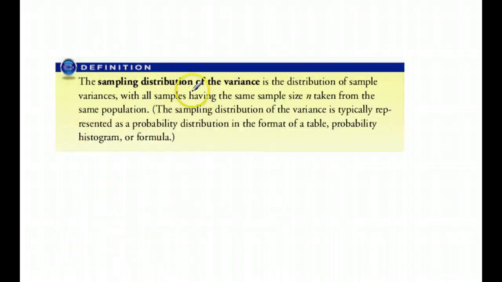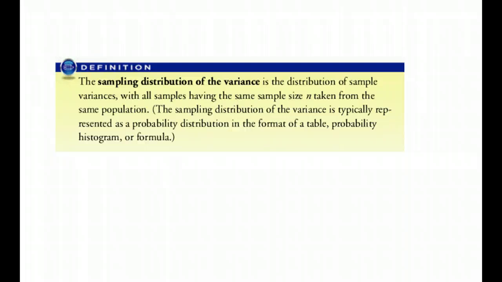So again, it's a sampling distribution. It's all the different possible variances we could get from sampling 5 things at a time. All those different possible samples we can get of 5 things at a time is what we're computing here, what we're trying to calculate.